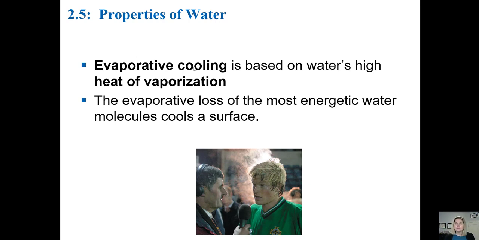So evaporative cooling is based on water's high heat of vaporization. So that means once that water has moved to its vapor form, it's taking a lot of energy or heat with it. And so it's going to cool the surface it's left behind. So that explains why on a cold day, basically after strenuous exercise, you're releasing a bunch of heat.